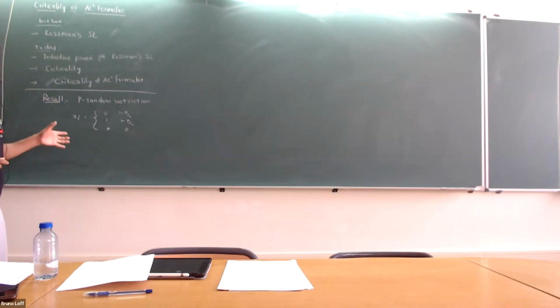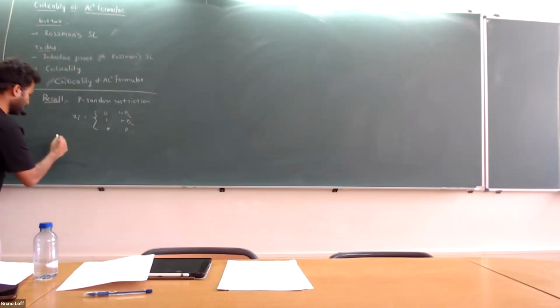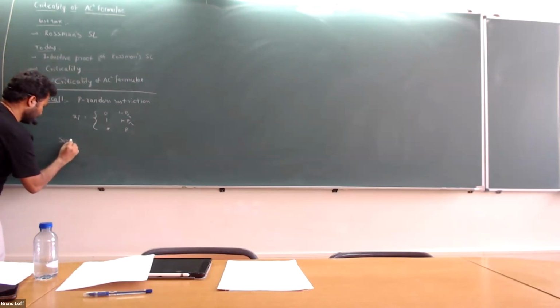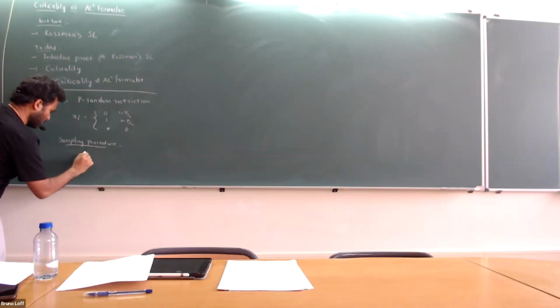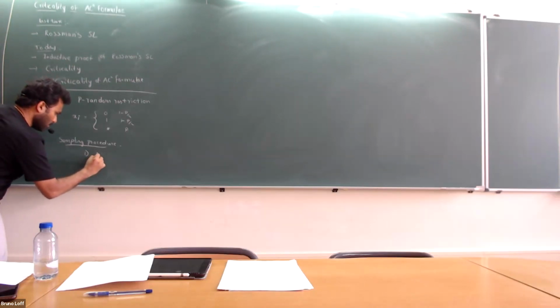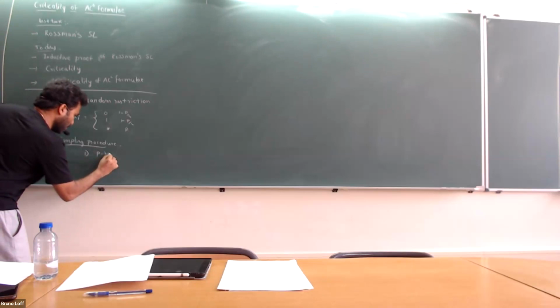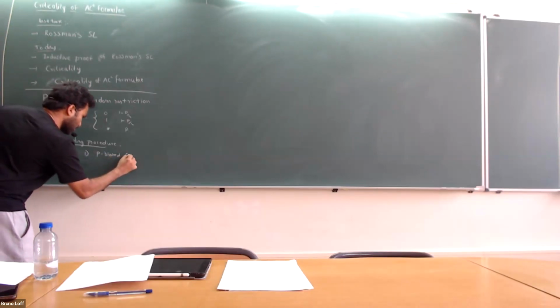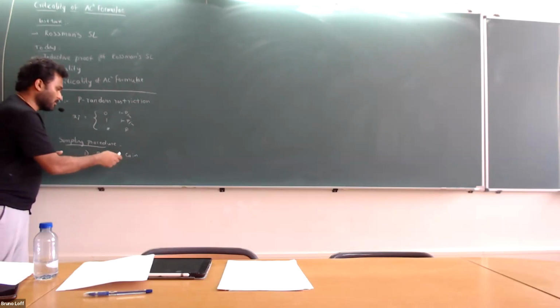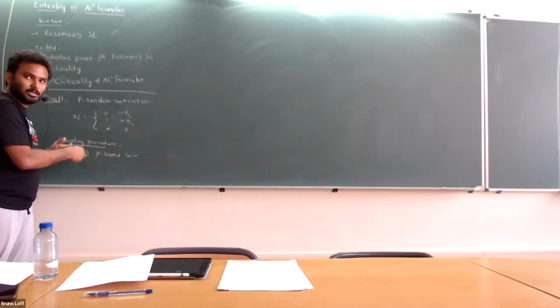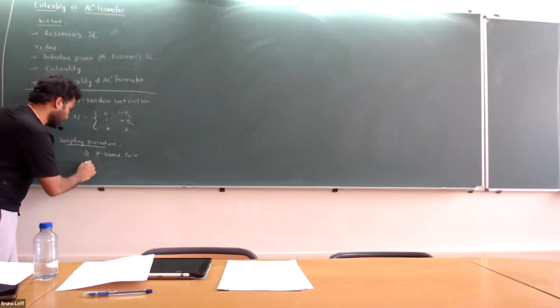So what is the sampling procedure for obtaining such a restriction? First, sample a p-biased coin. It turns out whose head probability is p, and its tail probability is 1 minus p.